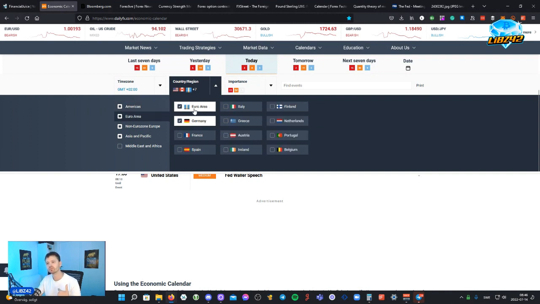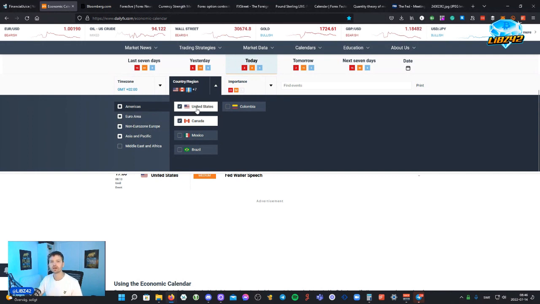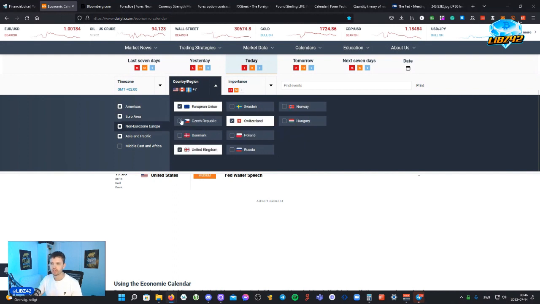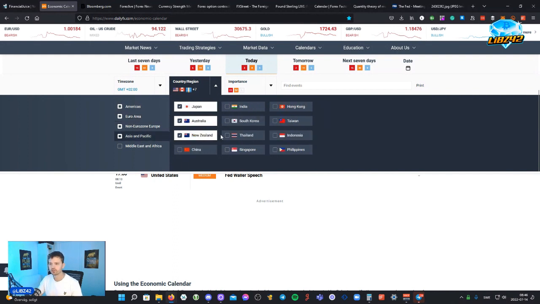You might also want to check the euro area to know what the European Central Bank is doing when they're releasing data and stuff like that. But I do recommend at least having the USD marked out if you're trading the crypto market. I have marked out, you can see here, USD, CAD, the Euro, Germany, because that is the major country in the European Union. And then different countries here for different currencies that I trade in the Forex market.